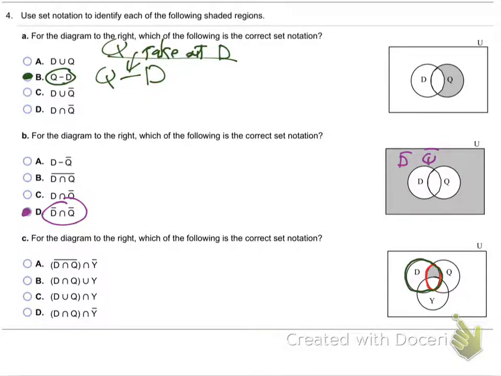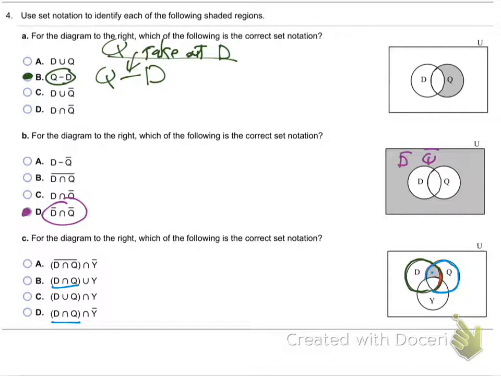If we had all of Q, it would be that. So that middle area is the overlapping of D and Q, which is that and that. It's got to be one of those two. It's the overlapping of D and Q, but they're not keeping this region. They're instead keeping this region.